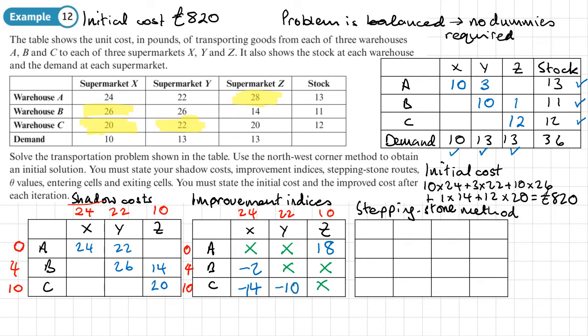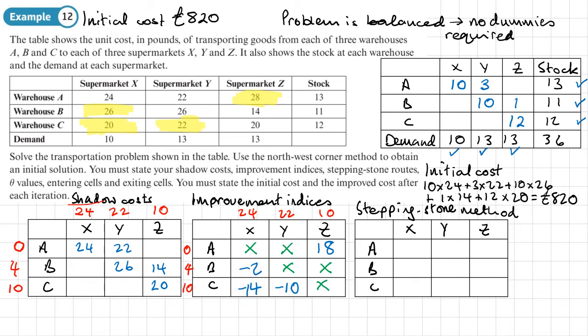So this is the part now where I'm going to do the stepping stone method. So all the bits we've done already, you already know. So this is the bit you want to just listen carefully to as we go through the stepping stone method. So first of all, we look for the cell that has the most negative improvement index, which is CX.